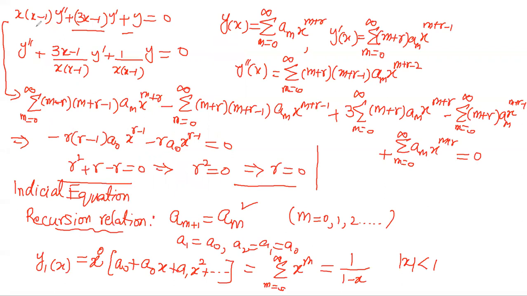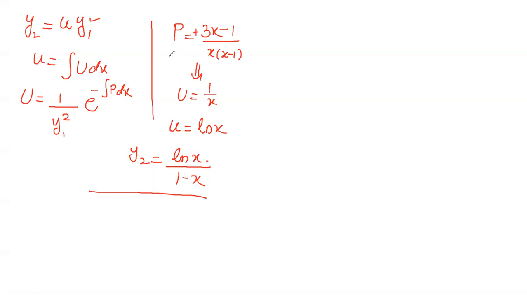So in this way, we have solved this equation, which is called the hypergeometric equation, by using the Frobenius method, and then we found the second solution by the reduction of order formula. Actually, I have skipped several algebraic steps here. For example, here we also have to take the partial fraction, and then you will be able to find the solution.